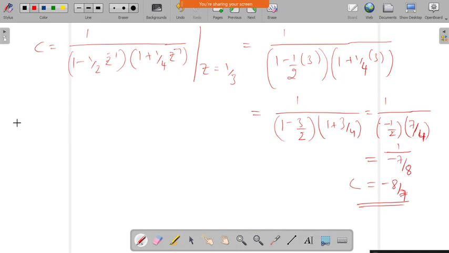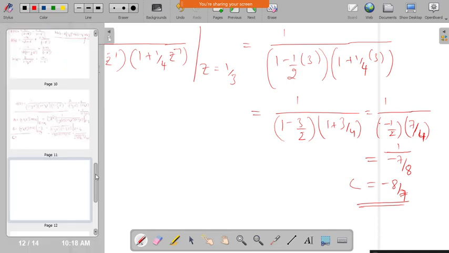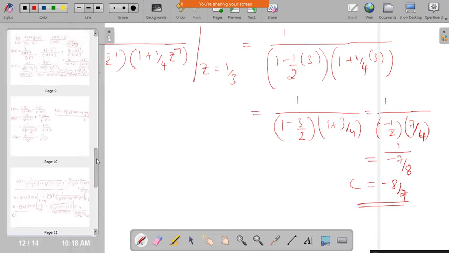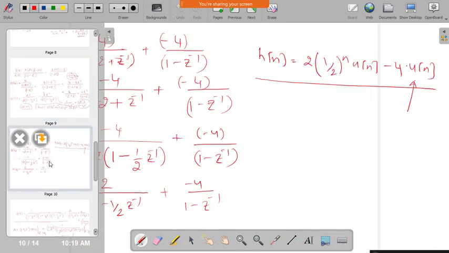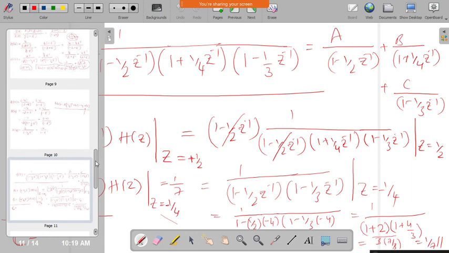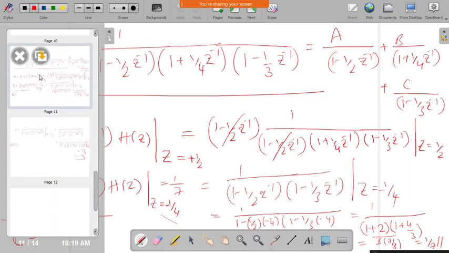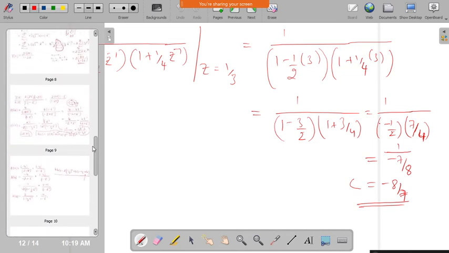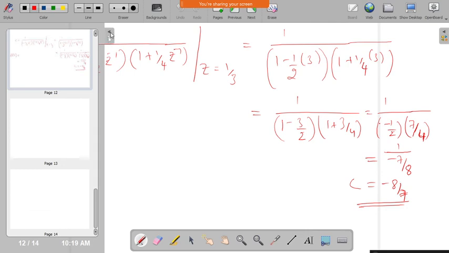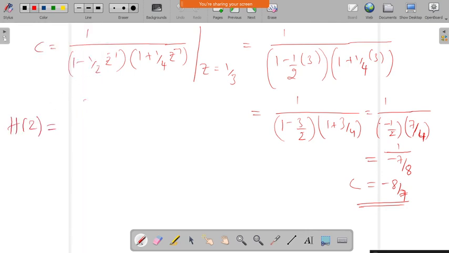Yes, sir. Okay, so now we can write h of z, which is equal to the value of a. What is the value of a we got earlier, 3 or 2? 2, sir.